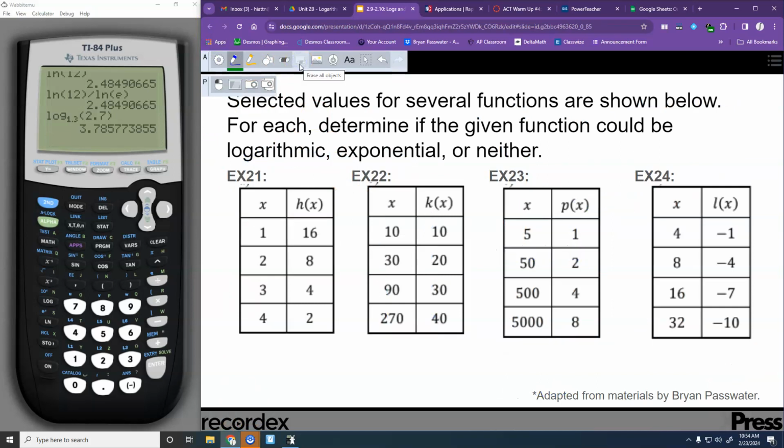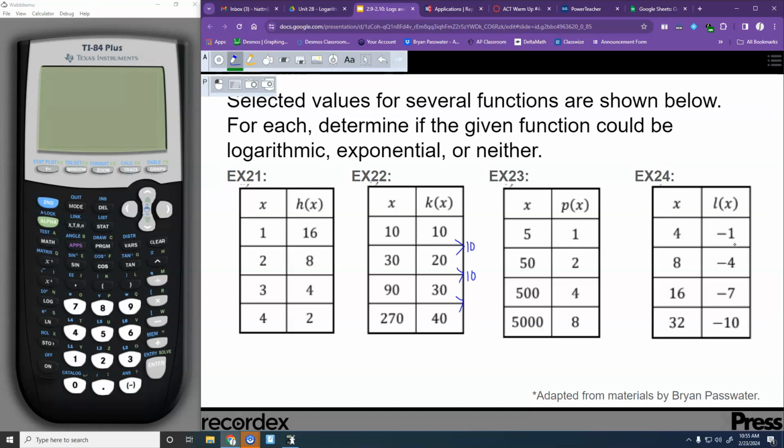Okay. So for these, we are supposed to determine if they are logarithmic, exponential, or neither. And we're particularly looking for our logarithmic ones. Which ones do you guys think might be logarithmic? 2 and 4. All right, so definitely on this one, we're going up by 10.